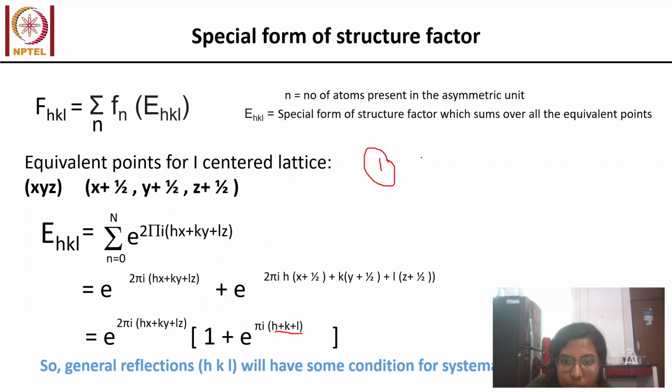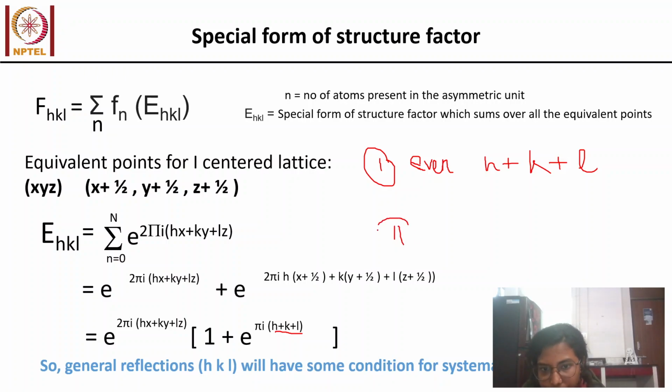The first possibility is that it is even, and the second possibility is that it is odd.